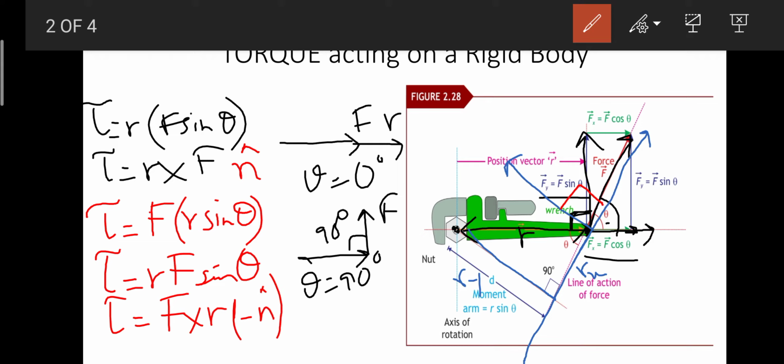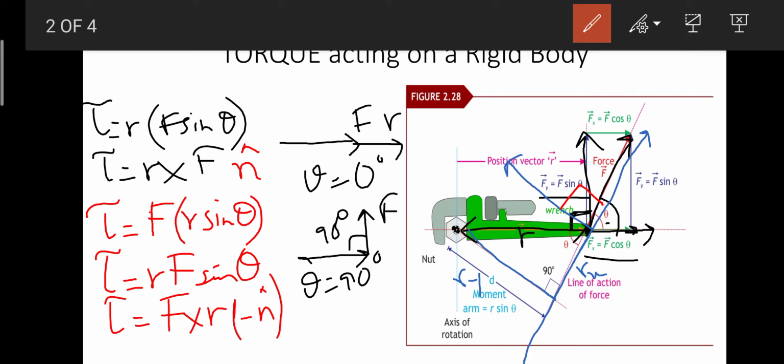So that's how we can choose this condition. But generally we take r cross F, choosing the angle to be in the anti-clockwise direction, that is from r to F. So that's how our n unit vector always comes in the positive direction, and r cross F is preferred.